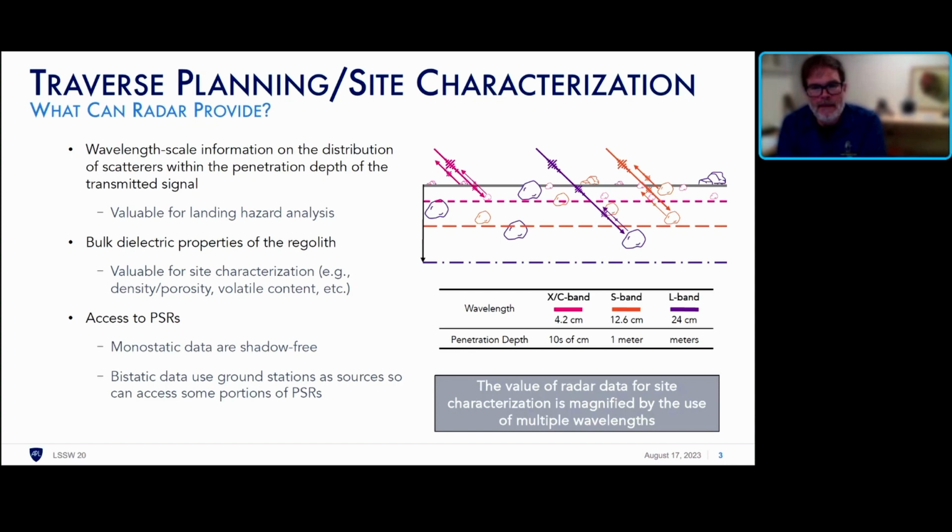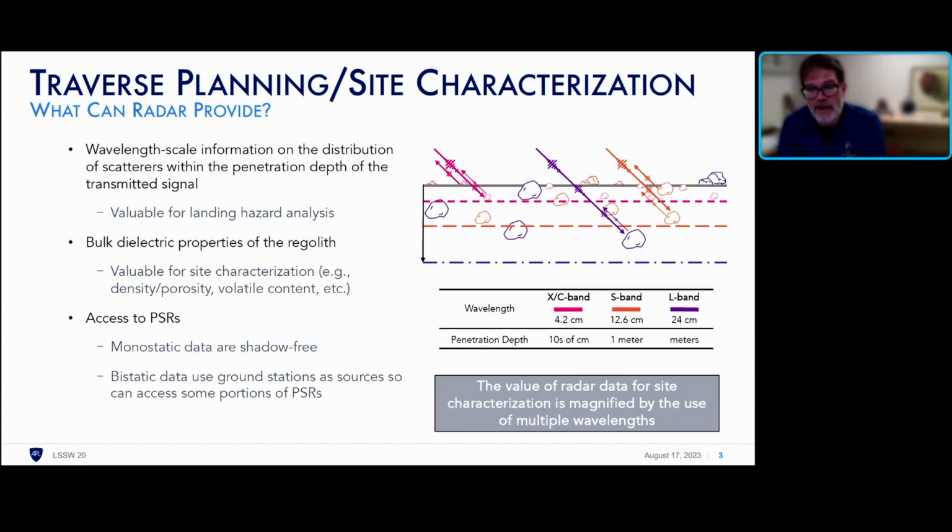So each in and of themselves can provide very valuable information on the distribution of those scatterers or the bulk dielectric properties of the regolith that they're transmitting into. But really a combination of those wavelengths can really be powerful for understanding properties of the surface and near subsurface.